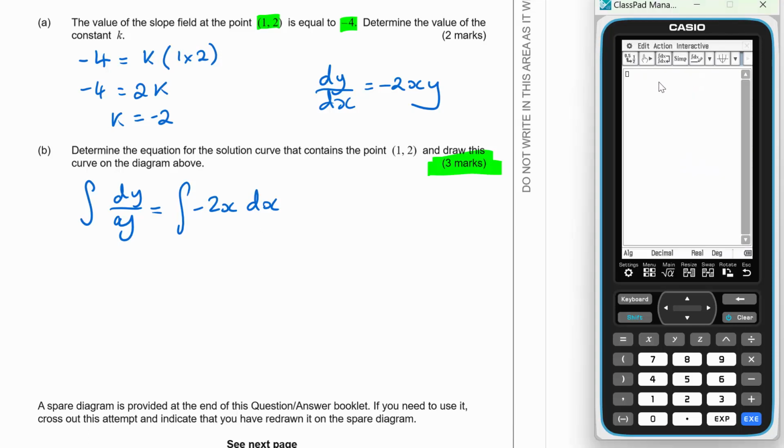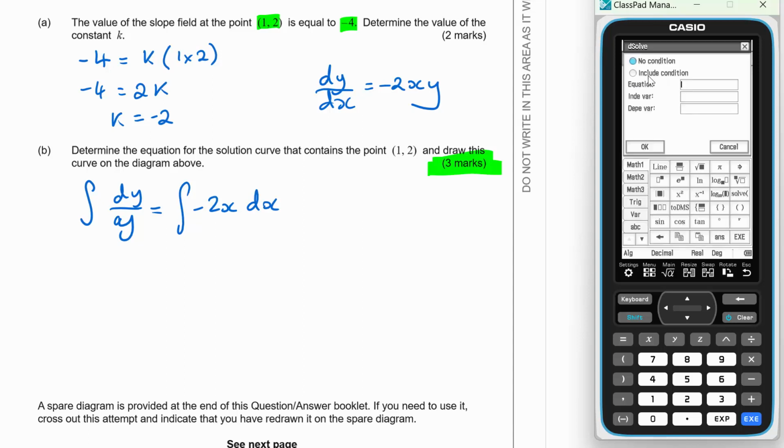So we go to main, and we are going to want desolve. So this one here. And there is a condition. We know that it goes through (1, 2). So the equation would be dy/dx, which we'll write as y dash, and that little dash there is in Math 3 on your calculator.